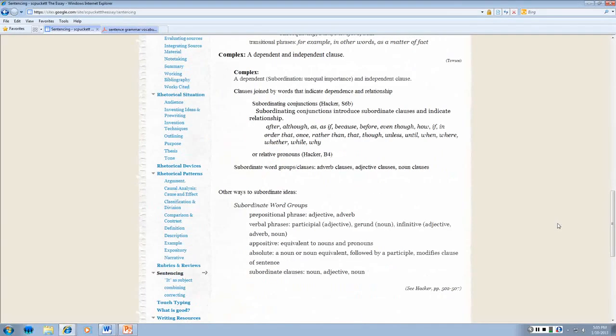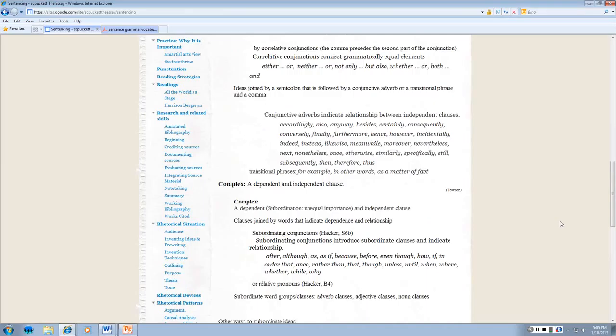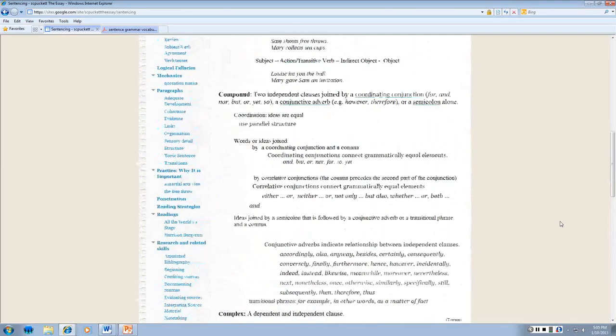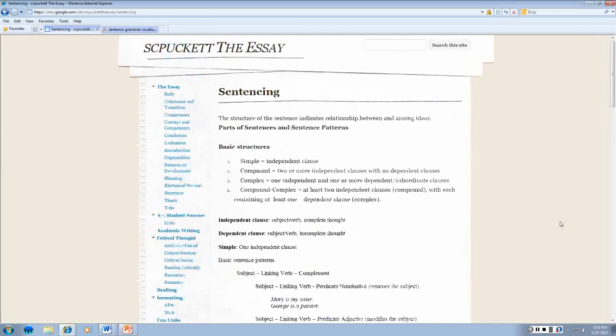You can also use word groups to subordinate ideas as well, such as an appositive where you rename, verbal phrases and participials. But these are the basic structures for sentences: simple, compound, complex, compound complex.